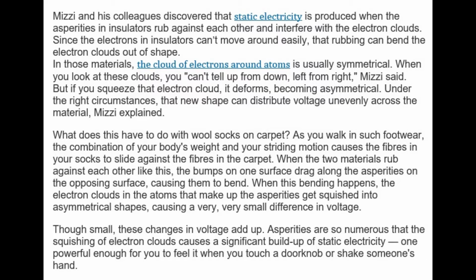Since the electrons in insulators can't move around easily, that rubbing can bend the electron clouds out of shape. In those materials, the cloud of electrons around atoms is usually symmetrical. When you look at these clouds, you can't tell up from down, left from right. But if you squeeze that electron cloud, it deforms, becoming asymmetrical. Under the right circumstances, that new shape can distribute voltage unevenly across the material.